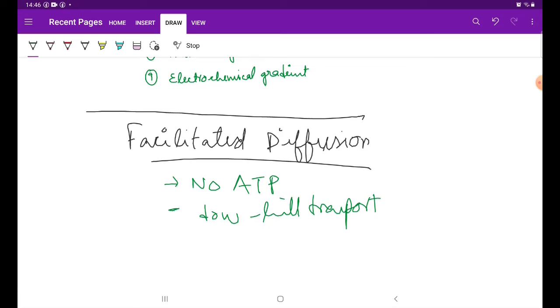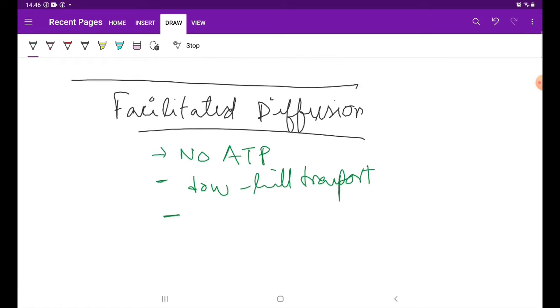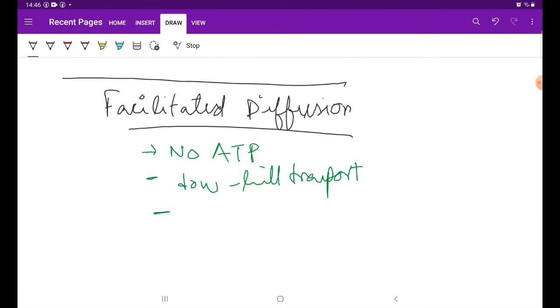But in this particular case, there's a carrier, and facilitated diffusion is a carrier mediated transport.